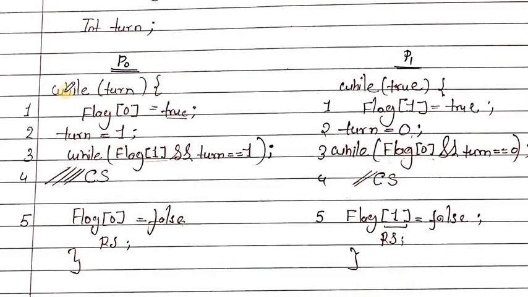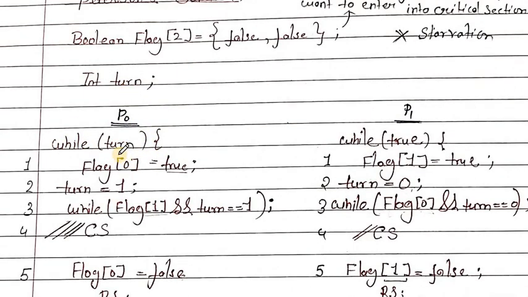Let's understand. Here is the while loop. While true, the code goes to the next line. The flag array at index 0 is set, so flag 0 becomes true.